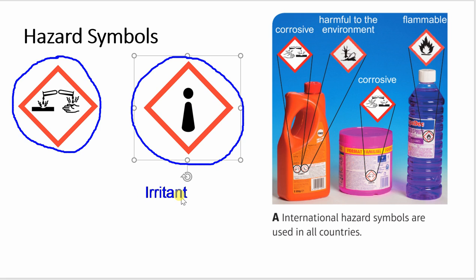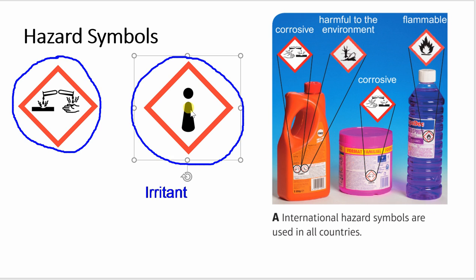So that best describes weak acids and weak alkalis. So if you were to get them on your skin, after a while they begin to irritate you, so you might get a bit of a red rash and it would become itchy. So we've got corrosive for strong acids and alkalis, and we've got harmful or irritant for the weak acids and alkalis.